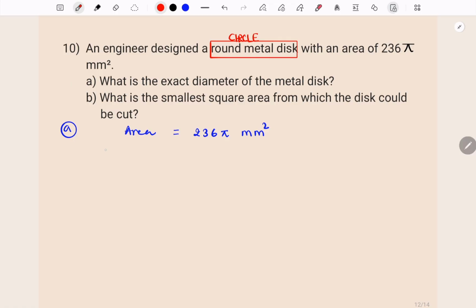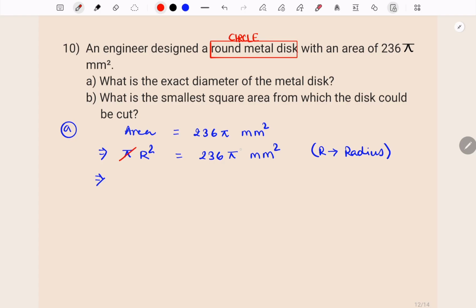We know that the area of a circle is basically pi r squared, where r is the radius, right? 236 pi millimeter squared. R is the radius of the round metal disc. First, cancel pi on both sides, right?